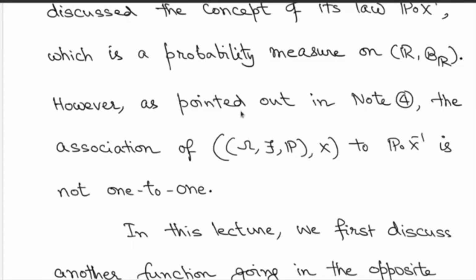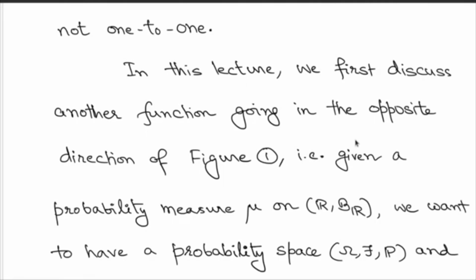If you consider any probability space and specify the constant or degenerate random variable, then you will get the Dirac distribution as its law. Therefore this association is not one to one. There may be many different probability spaces and random variables defined there such that their laws are the same. But what we would like to do is to construct a function or an association going in the opposite direction.